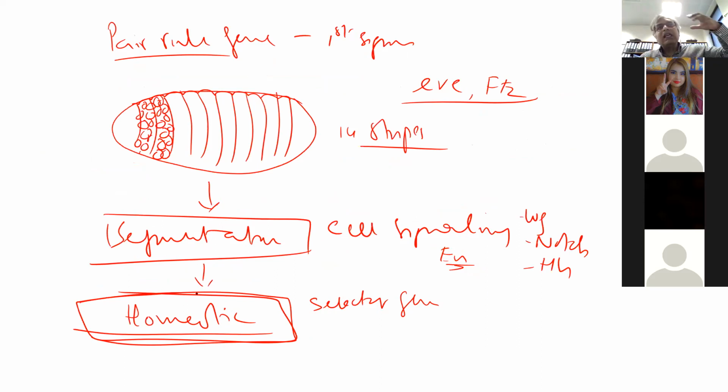For example, if the segment which is going to give rise to my legs has a mutation in a homeotic gene, we may have legs on the head, or instead of wings we may have legs, or instead of legs we may have eyes, etc. These are called master regulators of development.